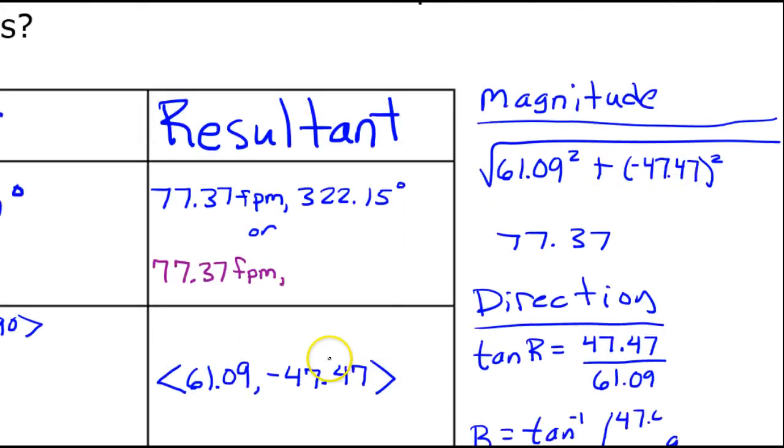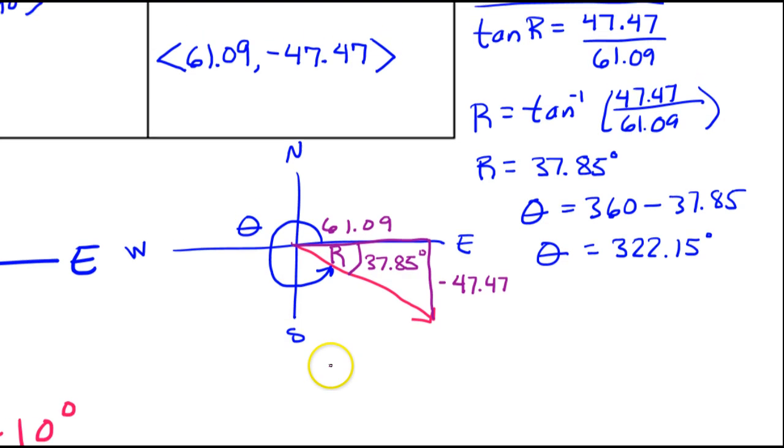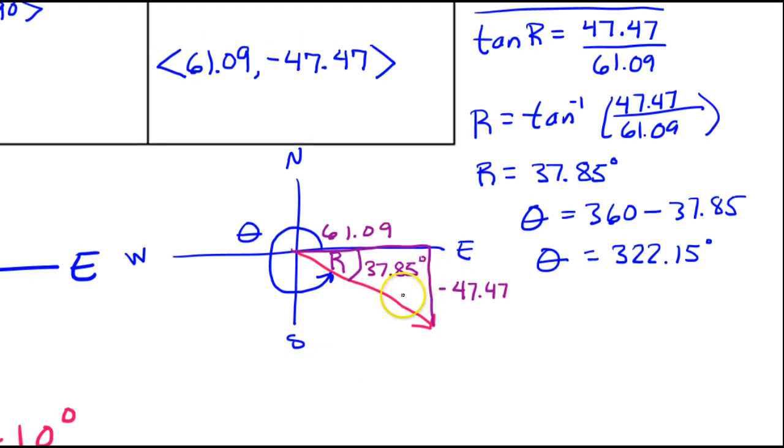But now let's go back and take another look at the direction. So I can use this reference angle to have another name for the direction. We could think of it as starting at east and then moving 37.85 degrees in the direction of south.